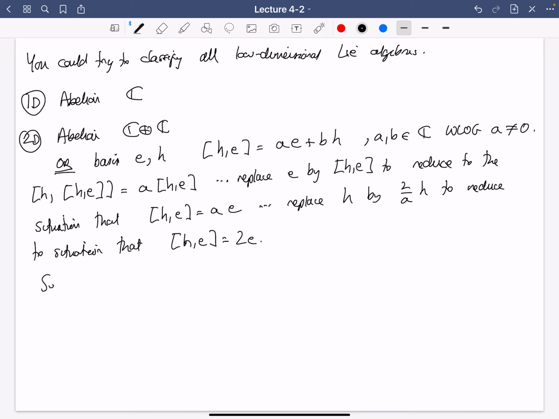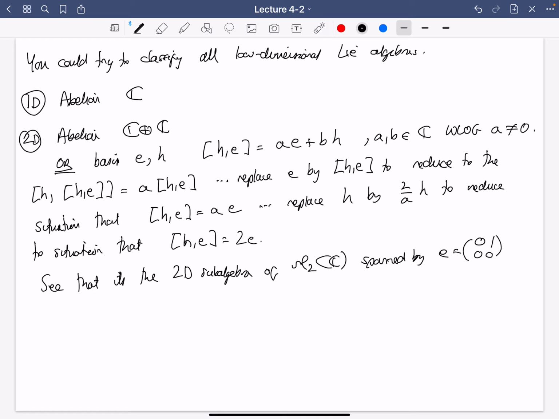And this way we see that it's the two-dimensional subalgebra of the Lie algebra SL2 of C spanned by E and H as in the notation before. And that's it. That's the only non-abelian two-dimensional Lie algebra.